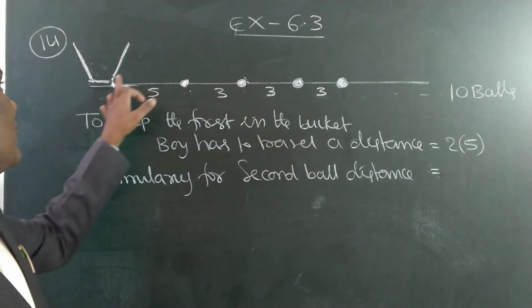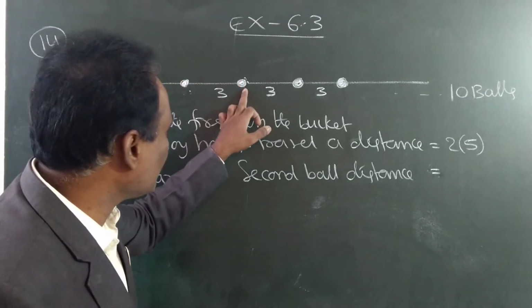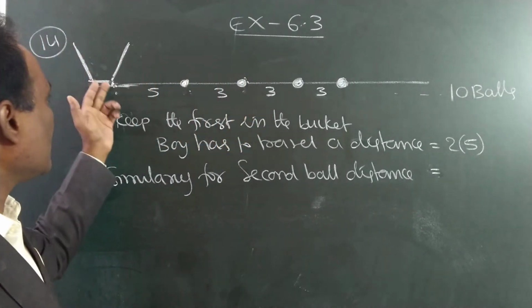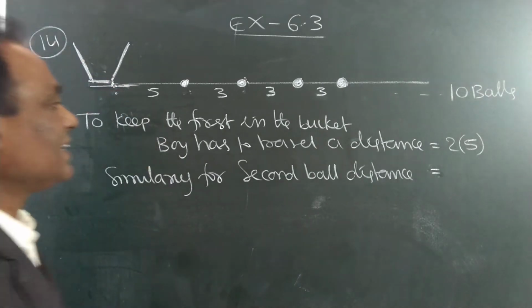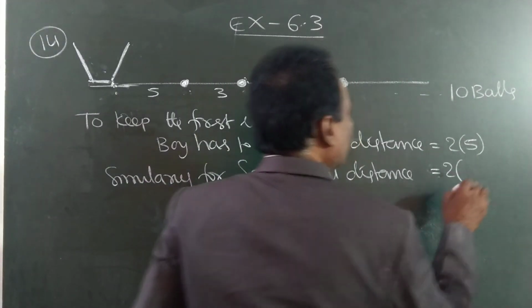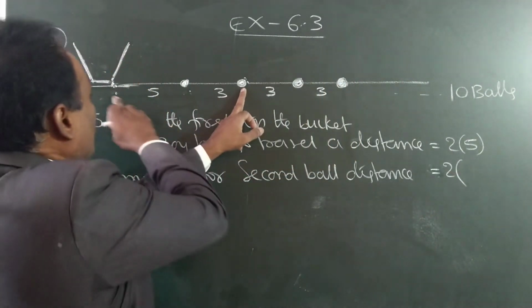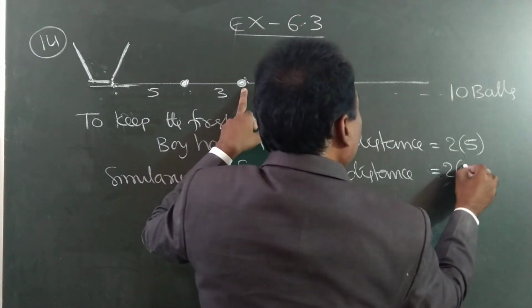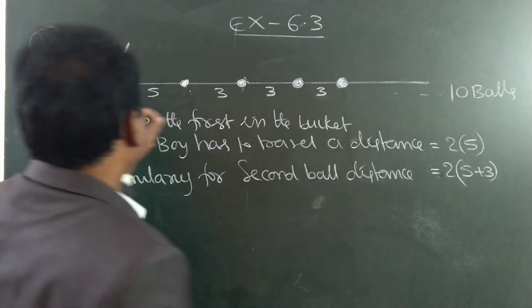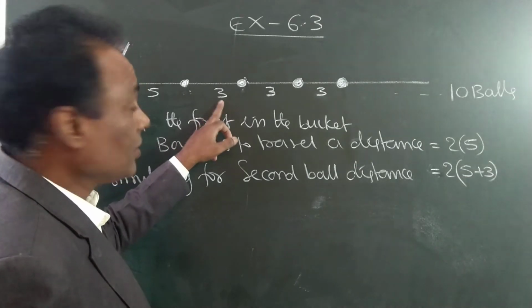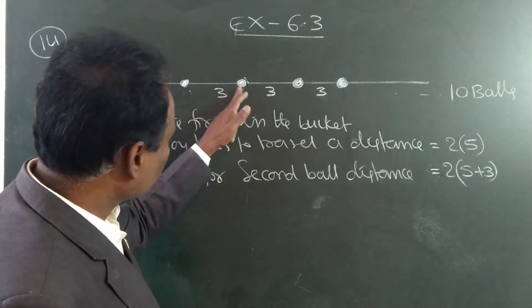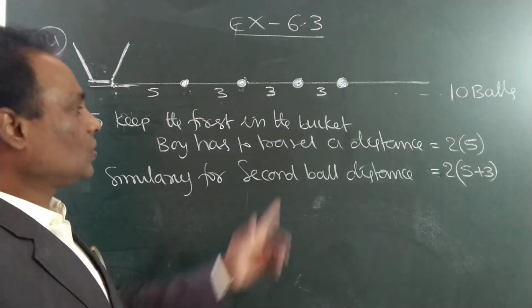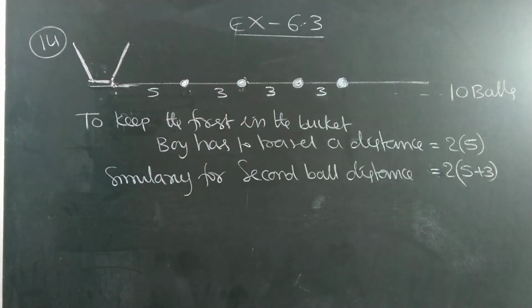Again, 3 plus 5, 8 meters. Up 8 meters, down. Up and down, 8 plus 8, 2 times of 8. Why 8? Because the second ball is here. 5 meters he has to travel, plus 3 meters. 5 plus 3, but 2 times. Going, picking the ball, coming back. 2 times of 5 plus 3.